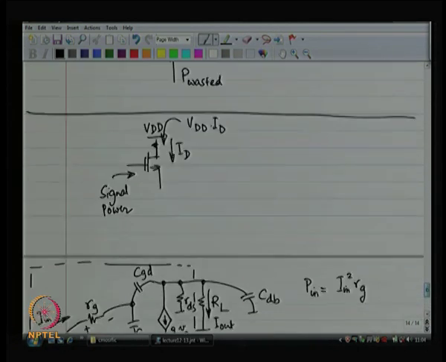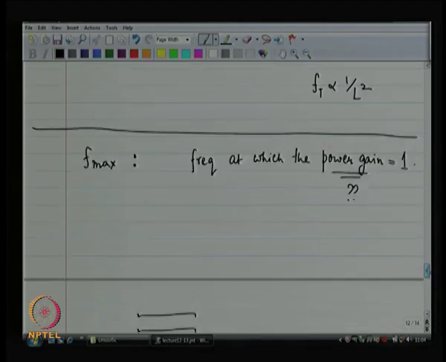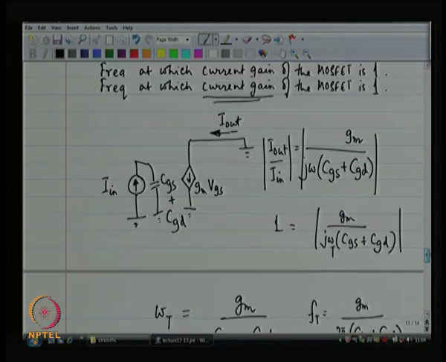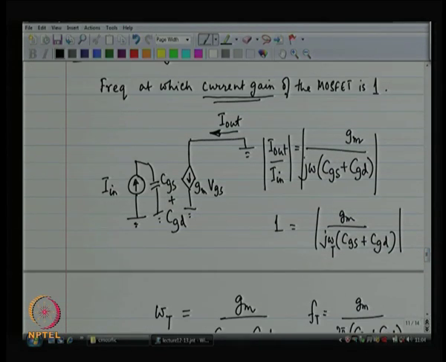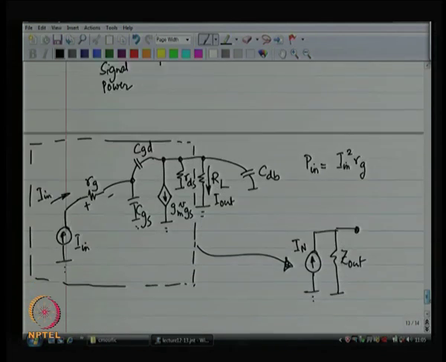it leads me to the previous experiment, the frequency at which the current gain of the MOSFET is 1. So, that is the experiment I reach, right. I have done this experiment just a few minutes back. So, I know that I_out is g_m times I_in divided by j omega (C_gs plus C_gd).